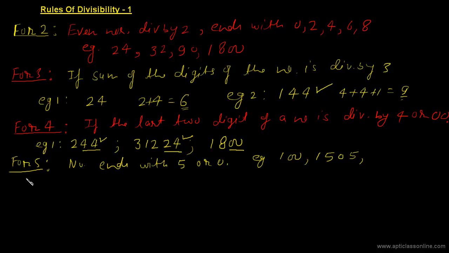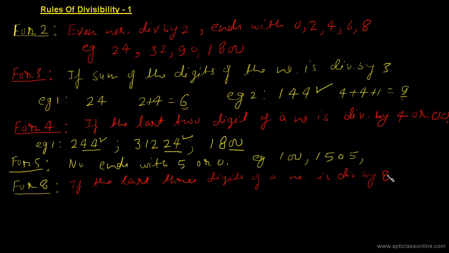Then the next common rule is the rule for 8. What are the numbers which are divisible by 8? A number is divisible by 8 if the last three digits of a number are divisible by 8 or 000.